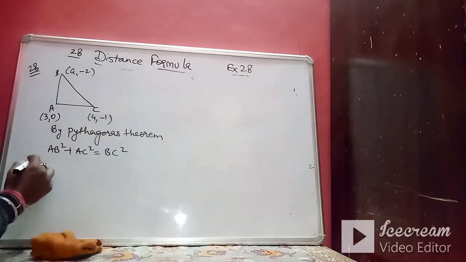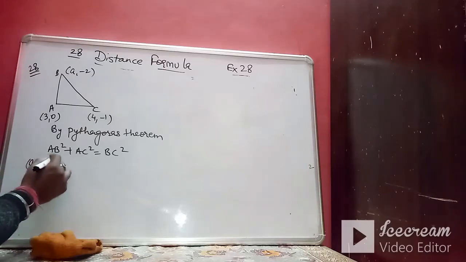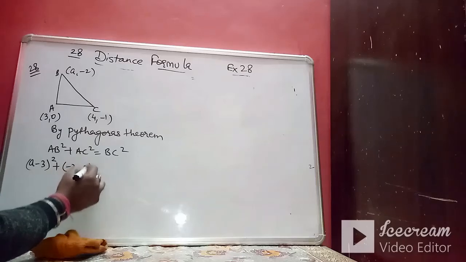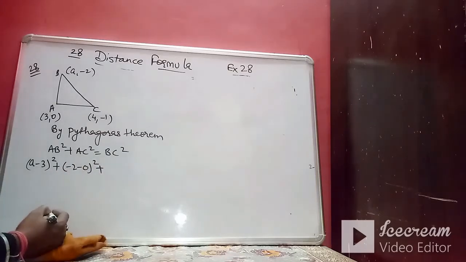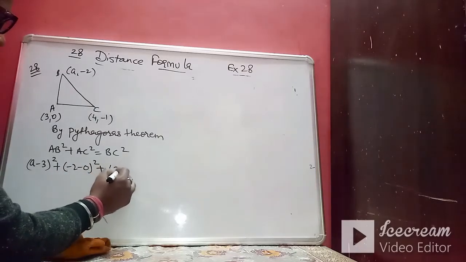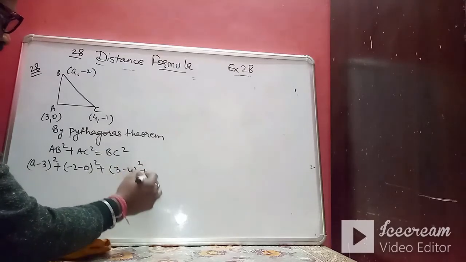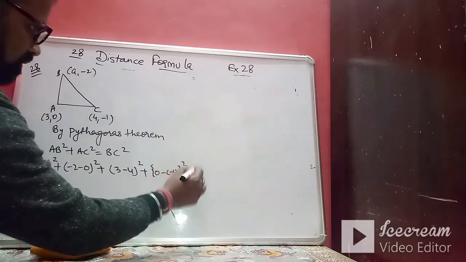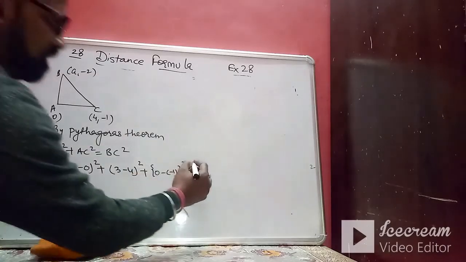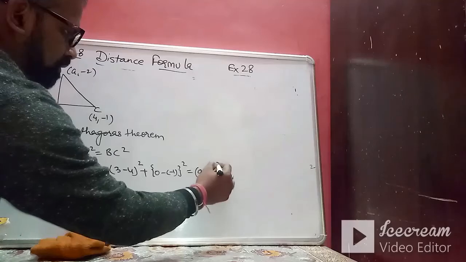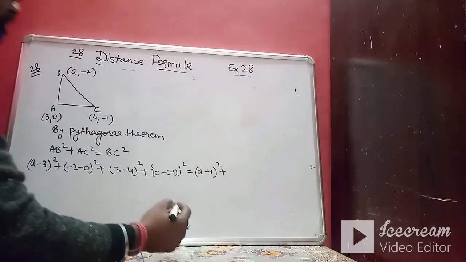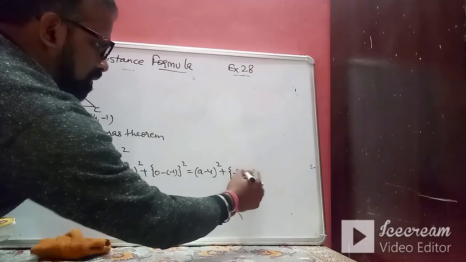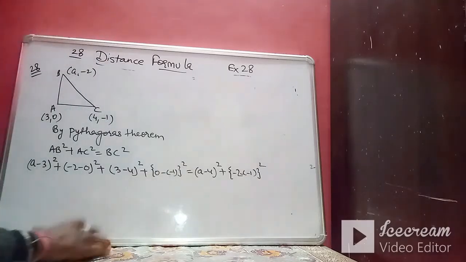So what is AB square? (a minus 3) square plus (minus 2 minus 0) square. Then AC square is (3 minus 4) square plus (0 minus minus 1) square, and BC square is (a minus 4) square plus (minus 2 minus 1) square.